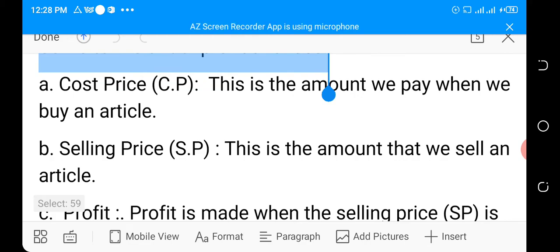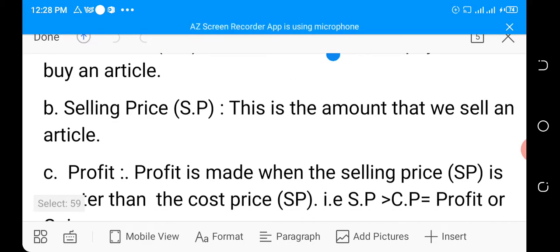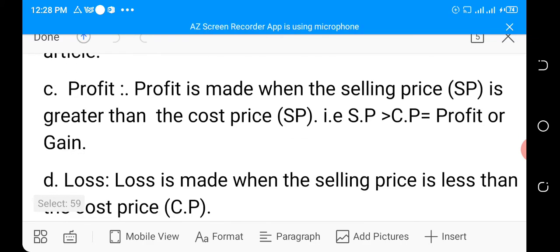The first one is cost price. That is the amount we pay when we buy an article. Selling price. That is the amount we sell an article. So profit is made when the selling price is greater than the cost price.